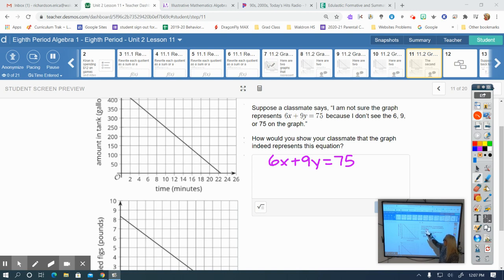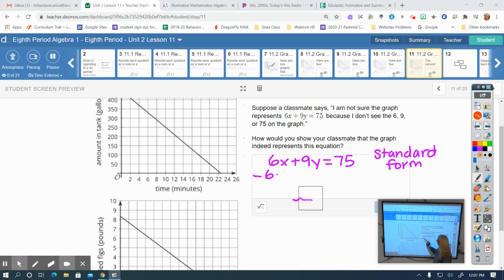That tells us that almonds are $6 and figs are $9, and we spent $75. So we can't see the slope and the y-intercept in standard form. So you have to rearrange it to be in slope-intercept form. So this equation is in standard form, and we want it in slope-intercept form to see those things.